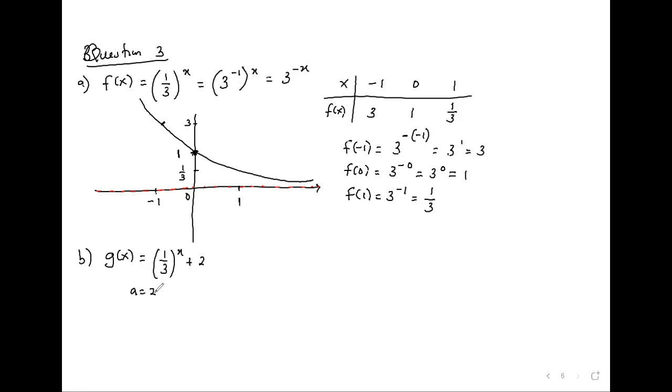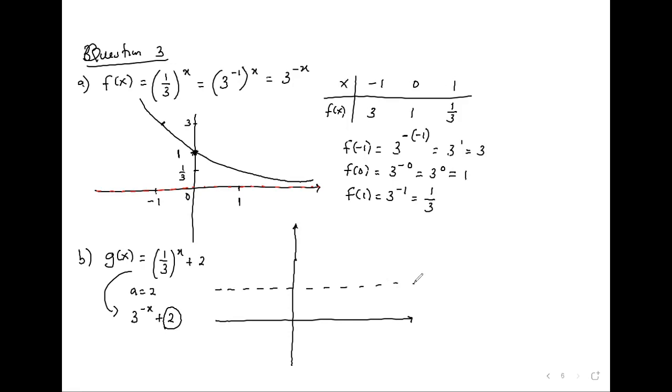It's still the same function that you can write as 3 to the power -x plus 2. So only a has been introduced. It's no longer 0 now. So the asymptote goes up, and this is 2, and then the shape will still remain the same.